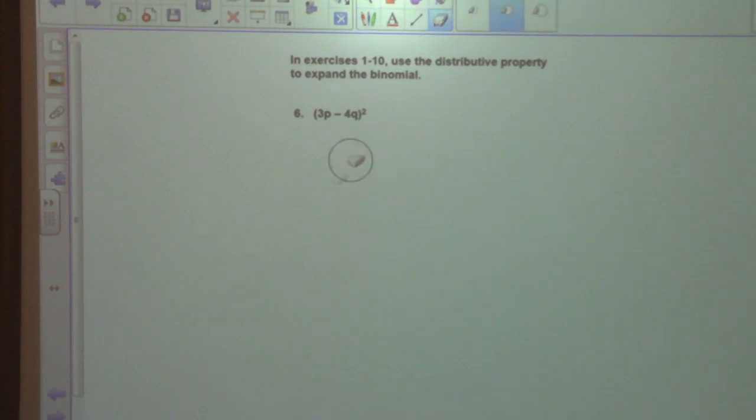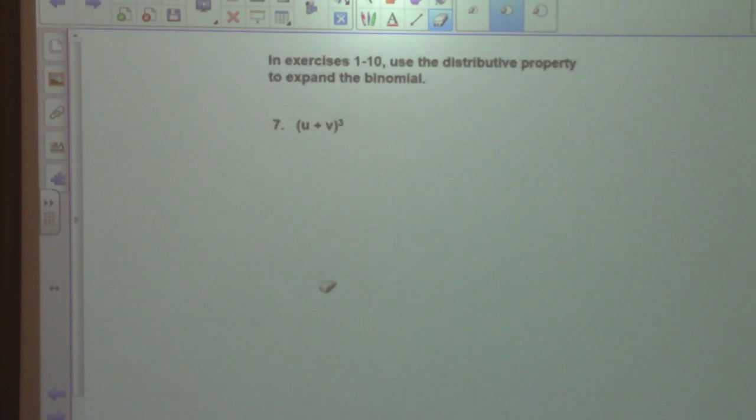I think we're coming up to the cubed ones here pretty soon. Yeah, these are the cubed ones. Do you have trouble with these? No? There's a pattern for these too, so I'll choose you. Chloe, you can do this one. Becky, you can do this one.